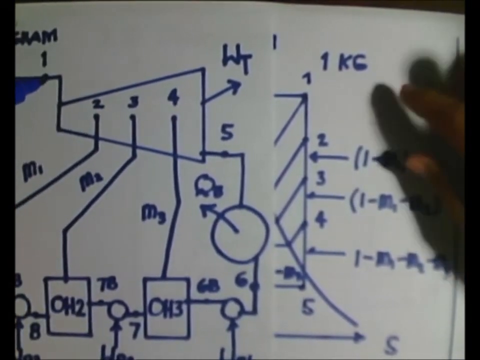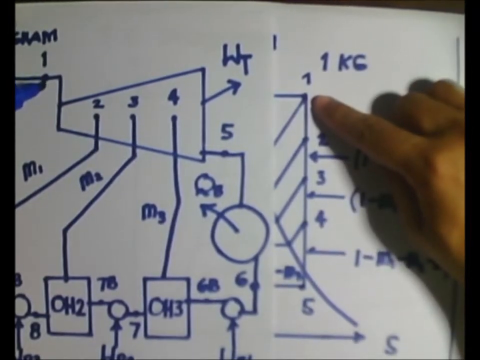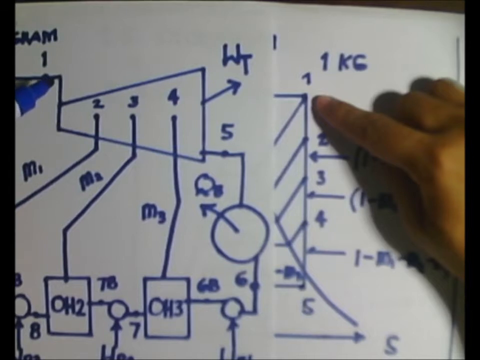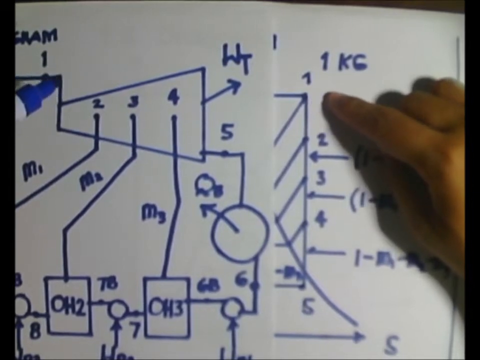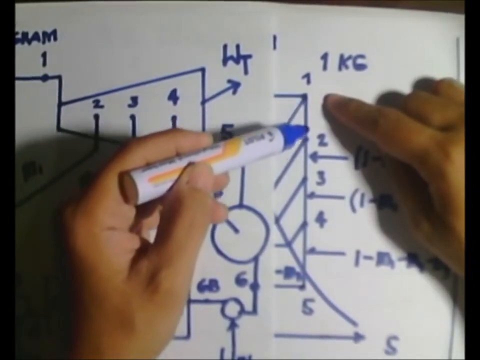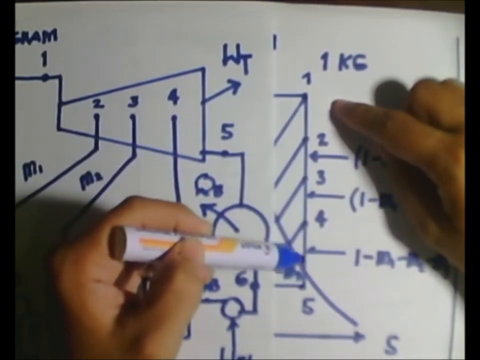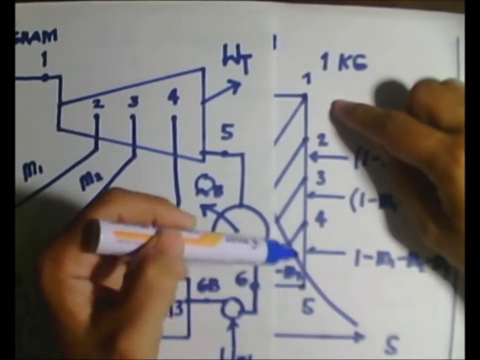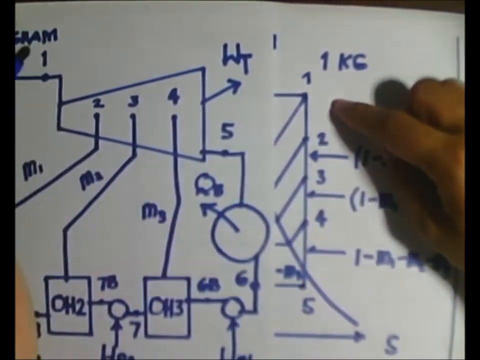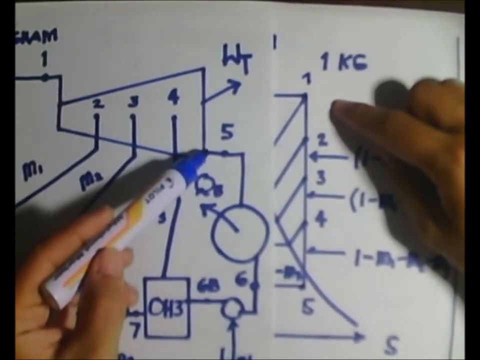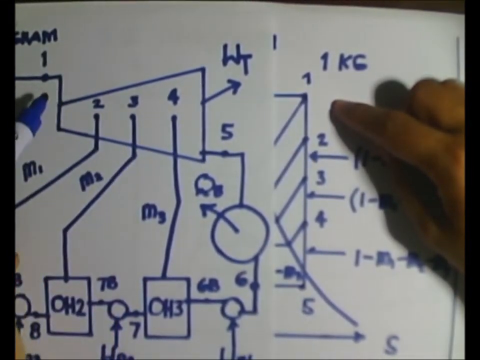So the throttle here in this condition on our TS diagram, and we would like to recall that the expansion actually is isentropic. So we have here a vertical line connecting points 1 to 5 as an ideal case that it is an isentropic expansion.